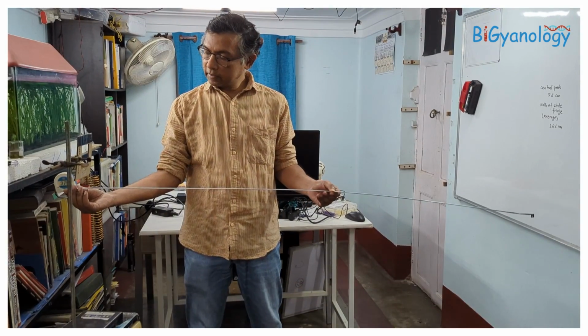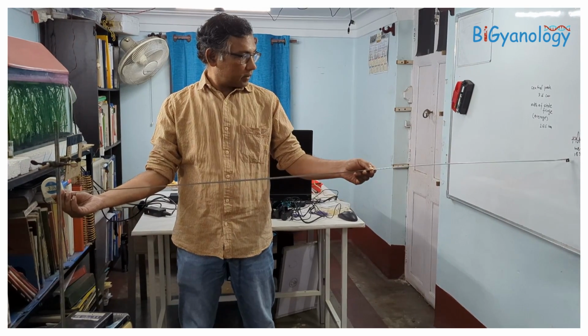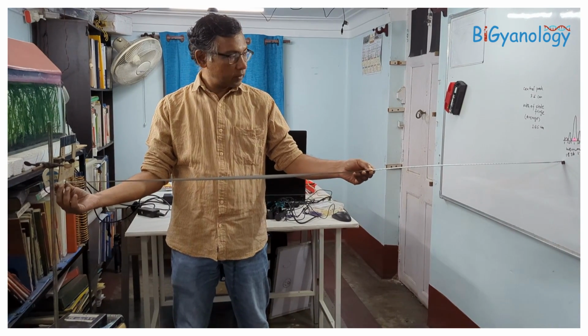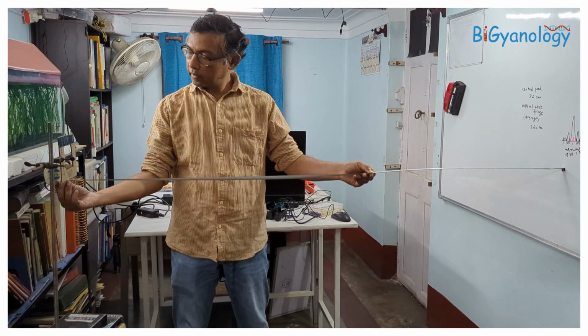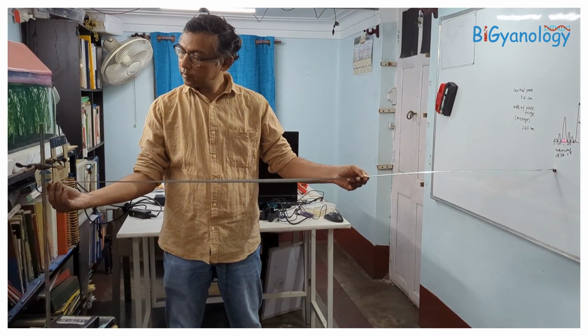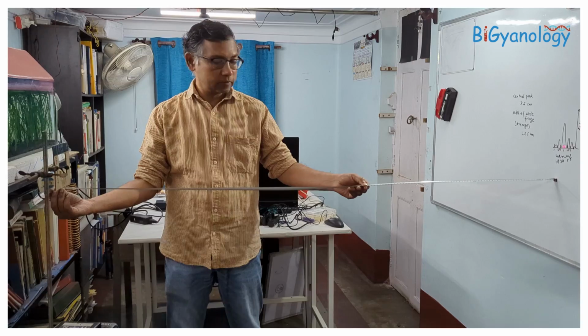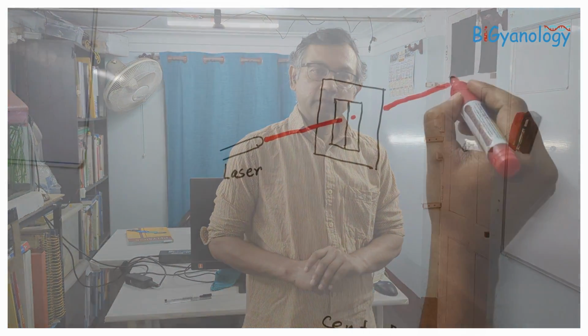The distance I want to measure is the distance between the screen, that is our whiteboard, and the plane of the hair. I do that with a simple measuring tape, and the distance is coming out to be 163 centimeters. So now we have all the distances needed for applying the formula for the fringe pattern that is in the book.